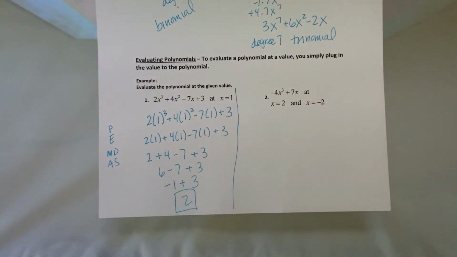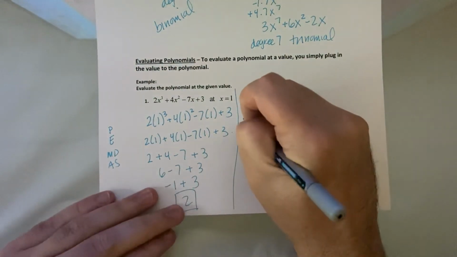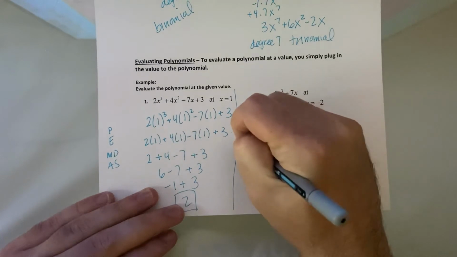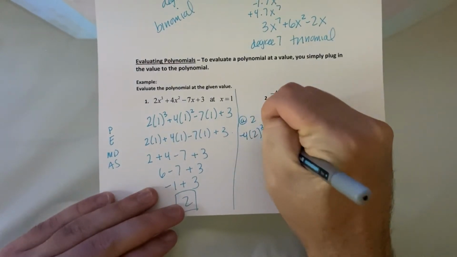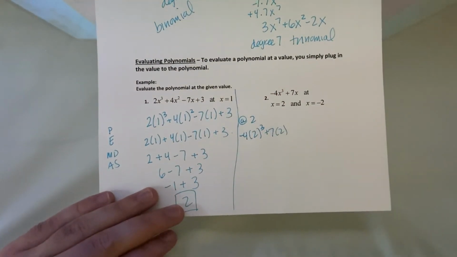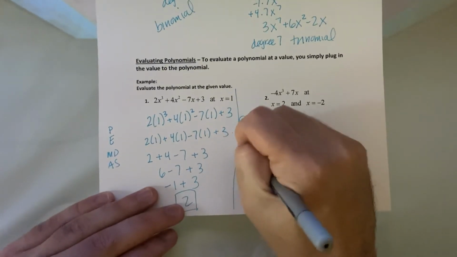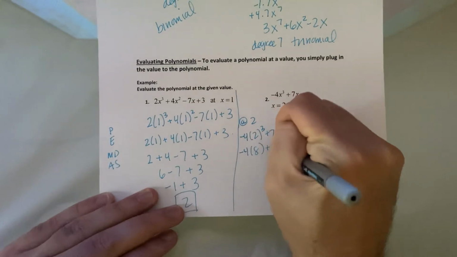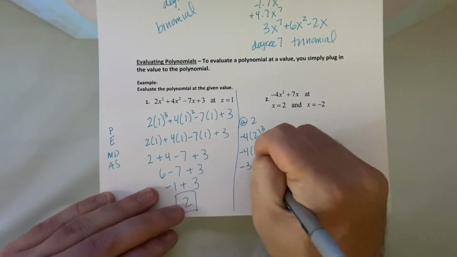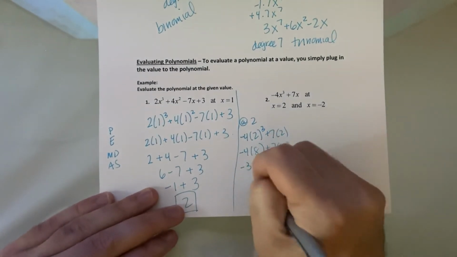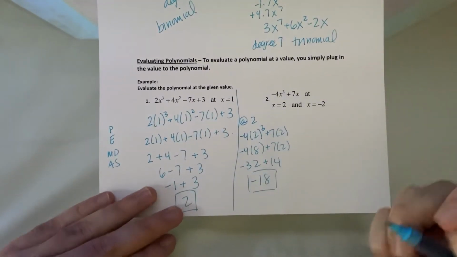Negative 4x cubed plus 7x. It wants it evaluated at 2 and negative 2. So at 2, we have negative 4 times 2 cubed plus 7 times 2. 2 cubed, 2 times 2 times 2 is 8. So negative 4 times 8 plus 7 times 2. That's negative 32 plus 14, which is negative 18.